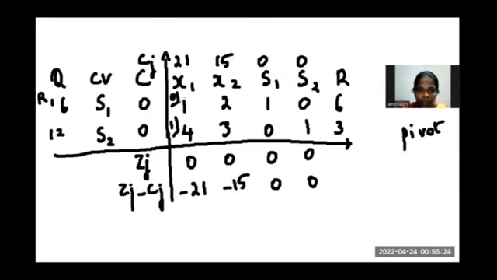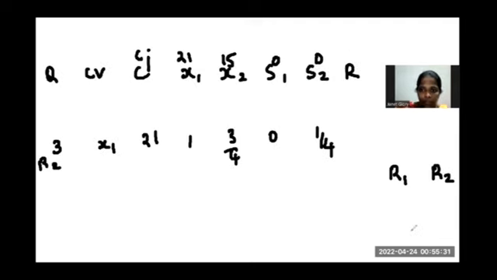So x1 here, 1 has to be converted to 0. The existing value is 1. And here in R2 the existing value for x1 is 1. So the adjustments have to be made between these two values in order to get 0. So we know that 1 minus 1 is 0.